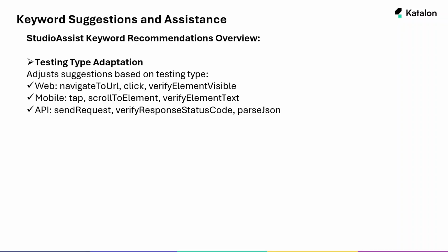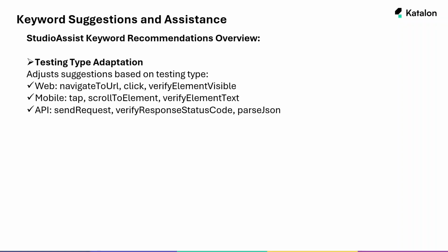Testing type adaptation. StudioAssist adjusts suggestions based on testing type. If you are automating a web application, then it suggests keywords like navigate to URL, click, verify element visible.